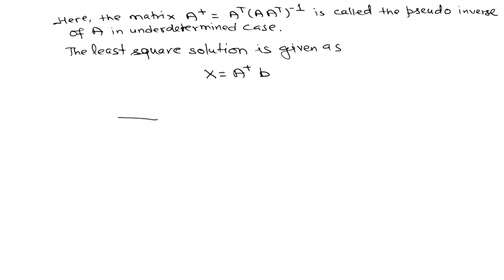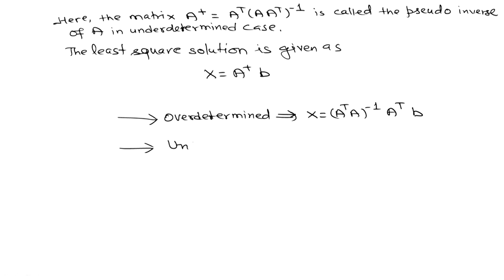So, what we have learned from here is that if the system is overdetermined, then the solution is given as x equals (A transpose A) inverse into A transpose into b.